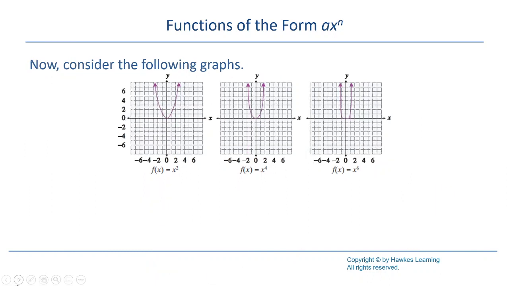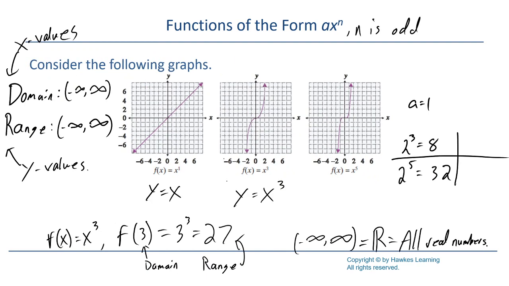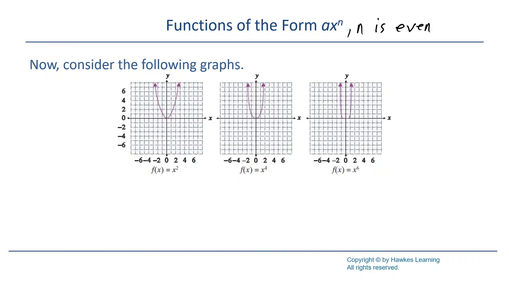Now, what if we make n even? Then you notice almost immediately there's a big change. Specifically, if you were to think about this as being split down the middle, this is actually symmetrical, all three of them, on the left and the right.